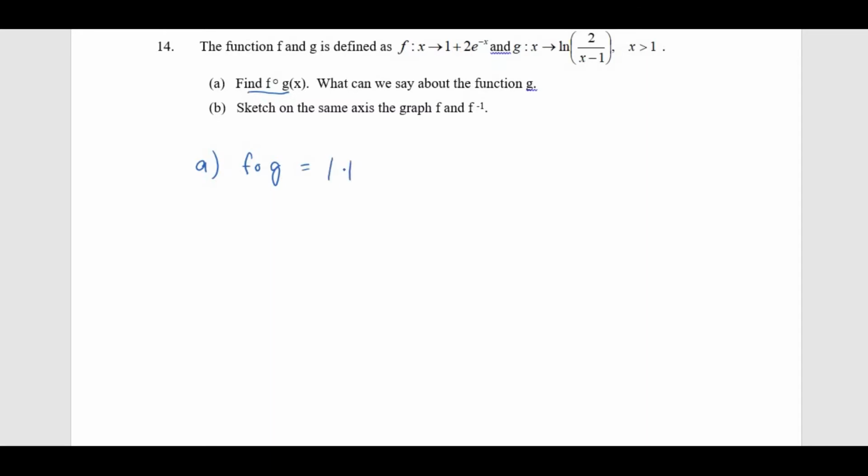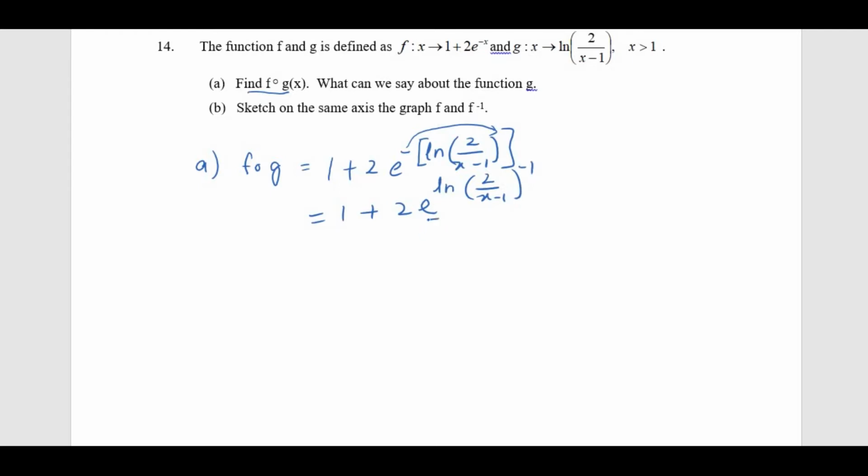So we have 1 plus 2 exponent negative, and x is substituted by ln 2 over x minus 1. From here, you get 1 plus 2, and this negative sign you can shift up to the power: 2 exponent ln of 2 over x minus 1, to the power of negative 1.